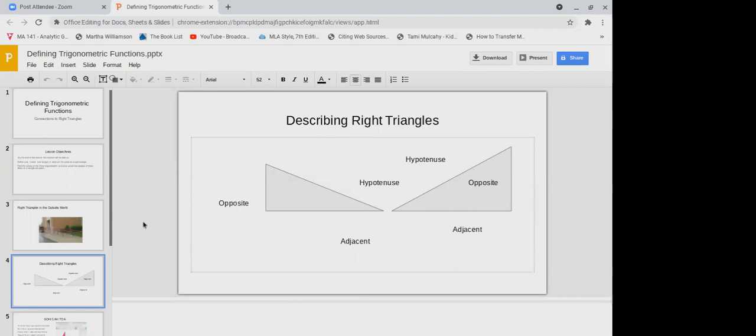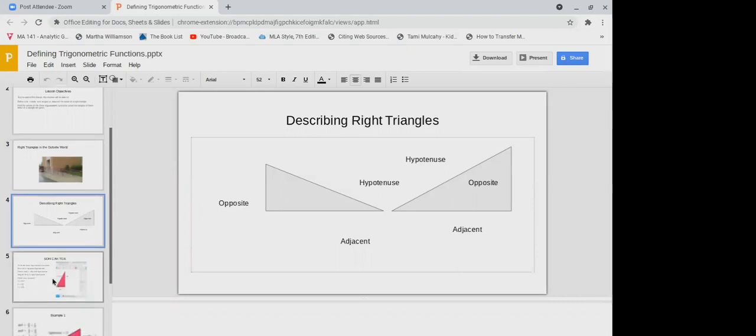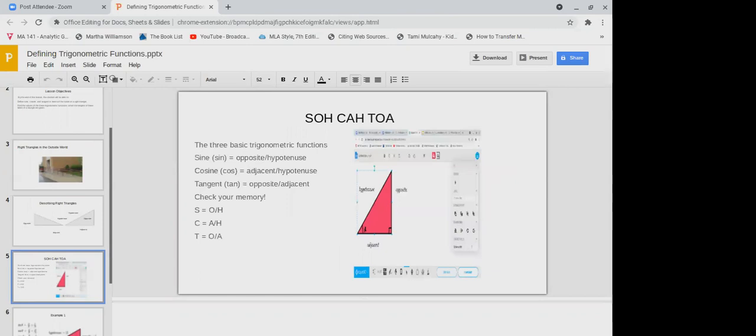Now let's see if we can put these concepts together and use them in an example. We have a little trick to remember the trig ratios, and it's called SOHCAHTOA. Some people call it soak your toe, but I prefer to call it SOHCAHTOA. That's the way I learned it. Basically, the first letter of each of these words is your function.